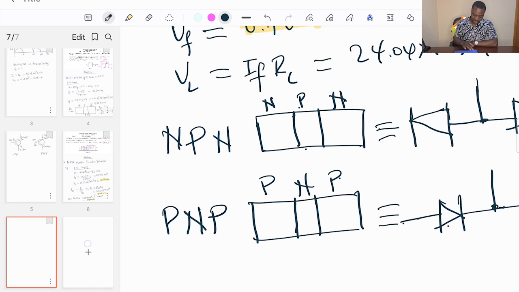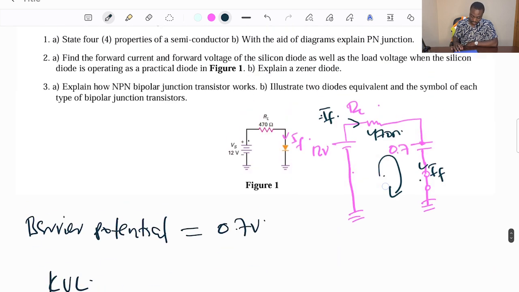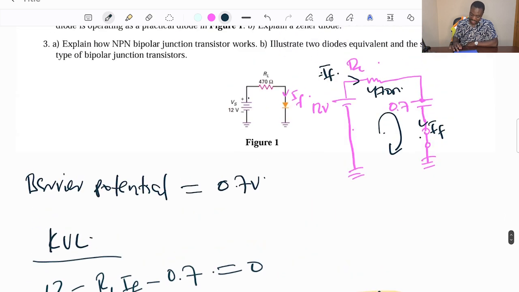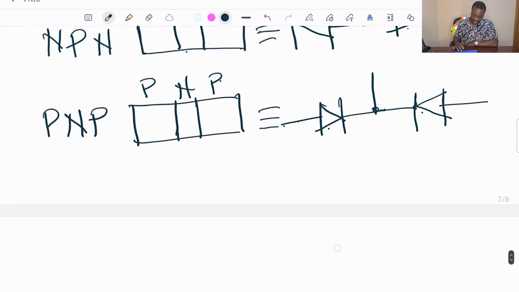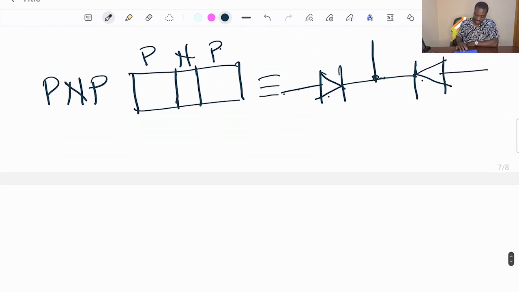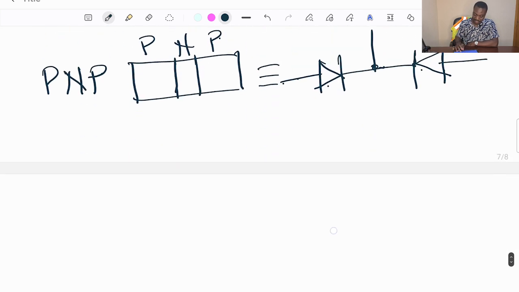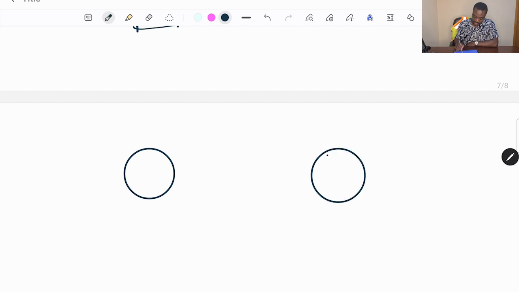Now let's talk about the last aspect of this, which is the symbol of each type of bipolar junction transistor. So for the symbol for, let's say, NPN, or even for PNP, we have two of them here.